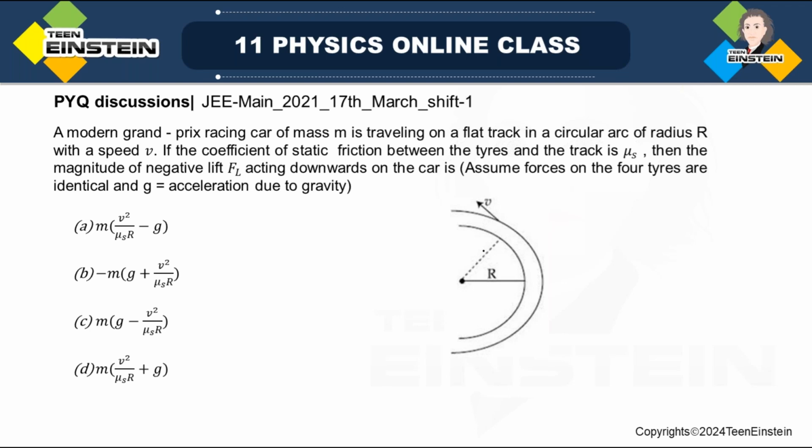So this is the circular flat track of radius r, and it is moving with velocity v. If the coefficient of static friction between the tires and the track is mu s, then you have to find out the magnitude of the negative lift FL, which is acting downward on the car.